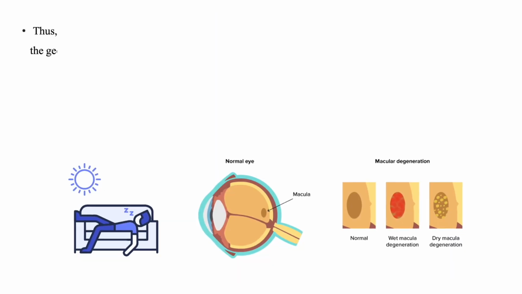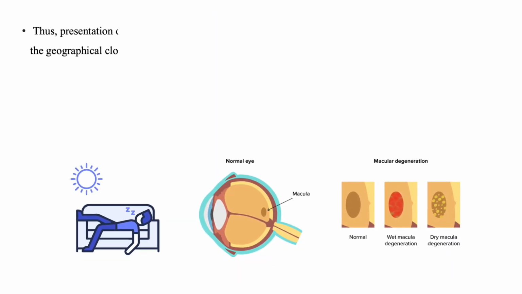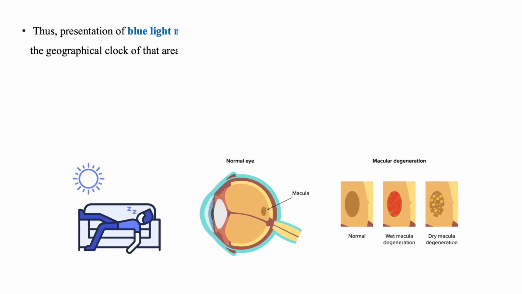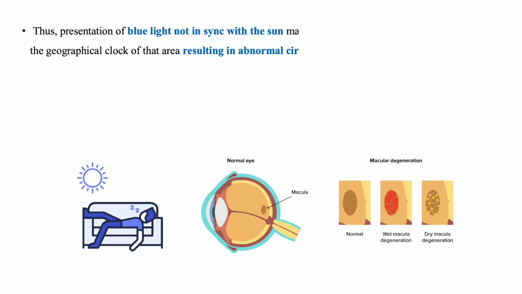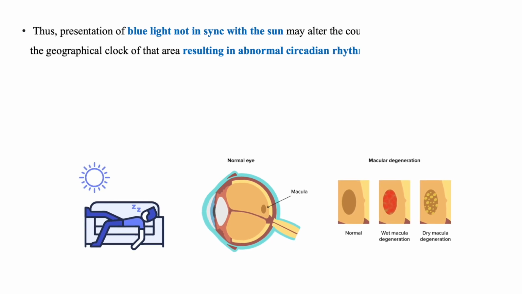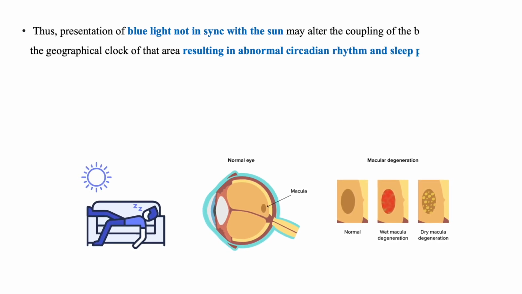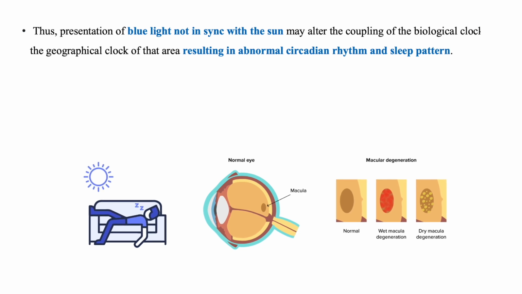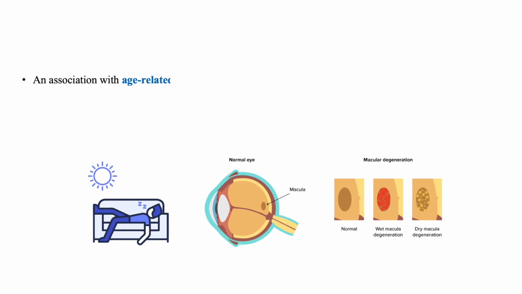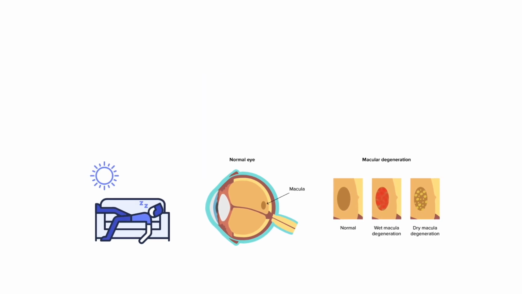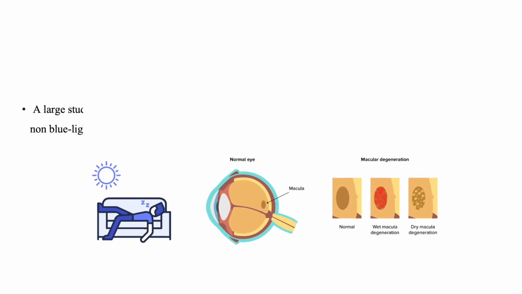Thus, presentation of blue light not in sync with the sun may alter the coupling of the biological clock with the geographical clock of that area, resulting in an abnormal circadian rhythm and sleep pattern, which can lead to macular degeneration, it has been suggested. Further work is warranted in this area.